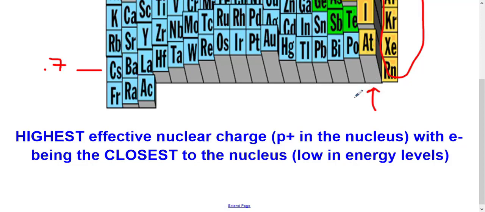And so they all have the same nuclear charge. However, the distance is such that those electrons are closest to the nucleus in fluorine. And so there's the greatest desire to fill that energy level because those electrons are so close.